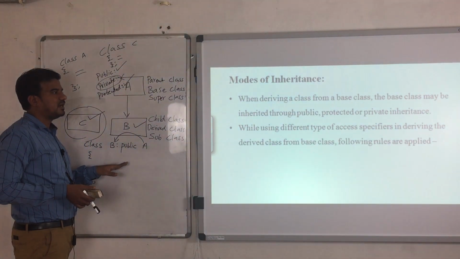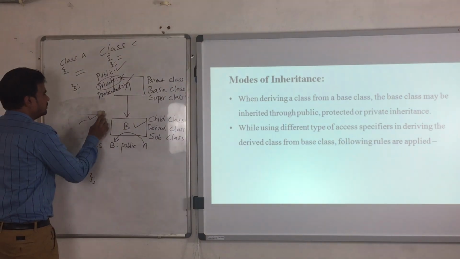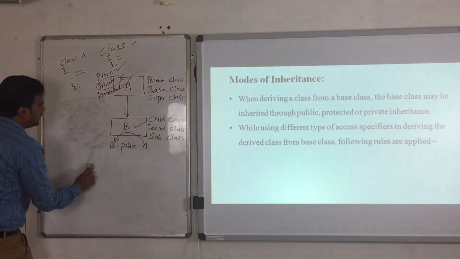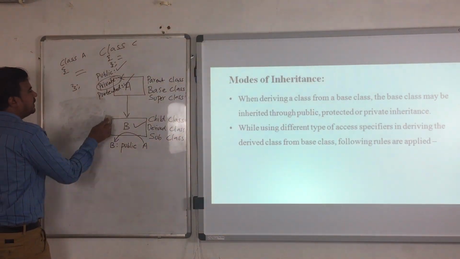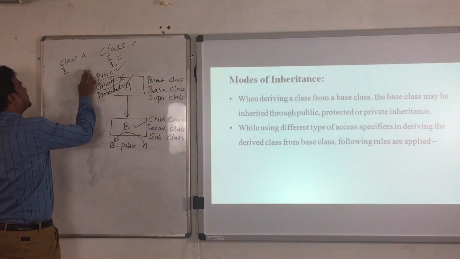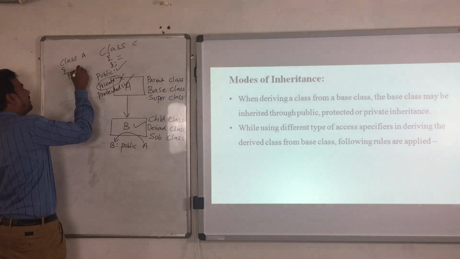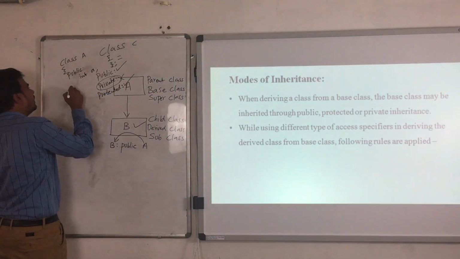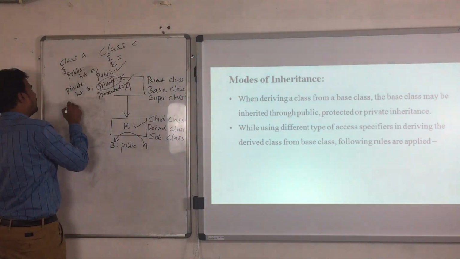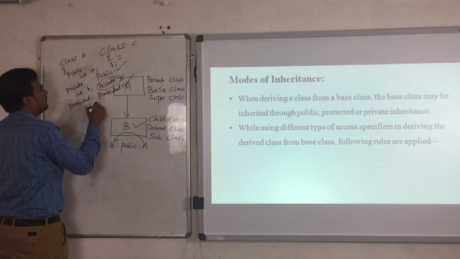Now we see modes of inheritance. So this thing to understand, when we are giving the definition of our child classes from the derived class, let us assume here I have public A, private B, protected C. I have three data members.